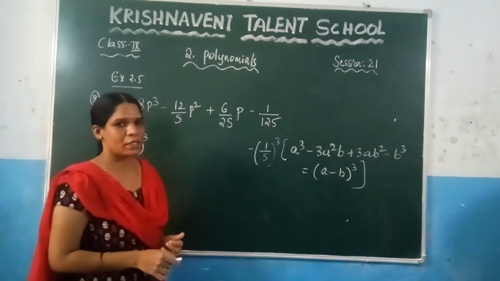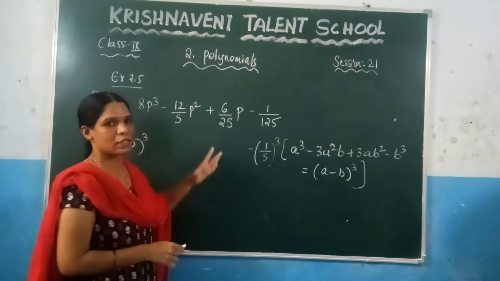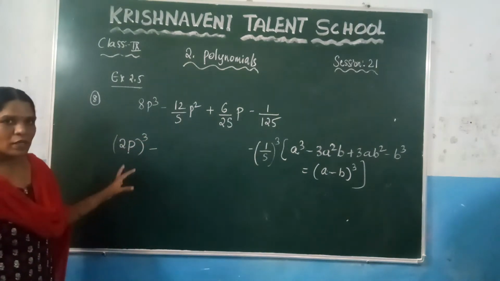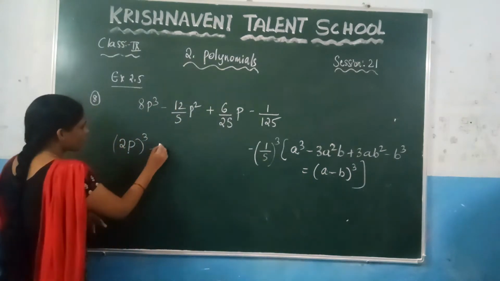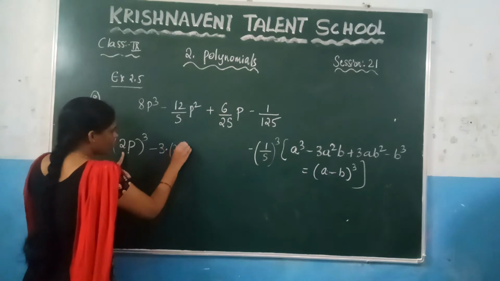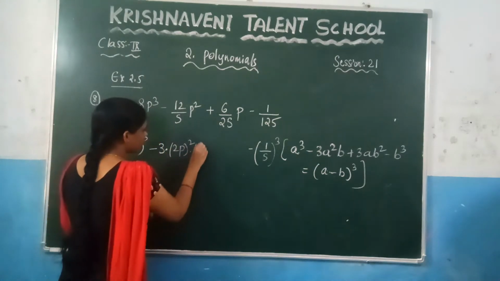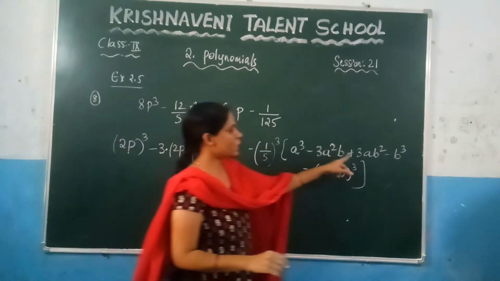Now you can write the middle term. First write the middle terms and after that we can check whether those two are equal or not. So write it here: minus, we have written a cube. What is the next term? 3a square b. So write 3 into a square, the value of a is 2p, whole square, into b, the value of b is 1 by 5. Plus, what is the next term? 3ab square.